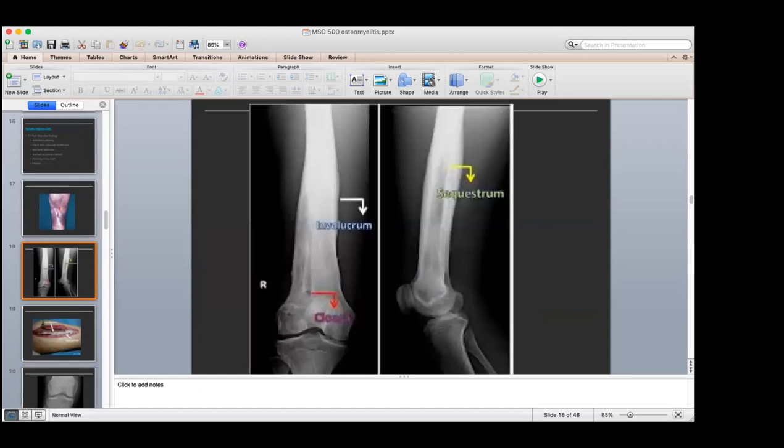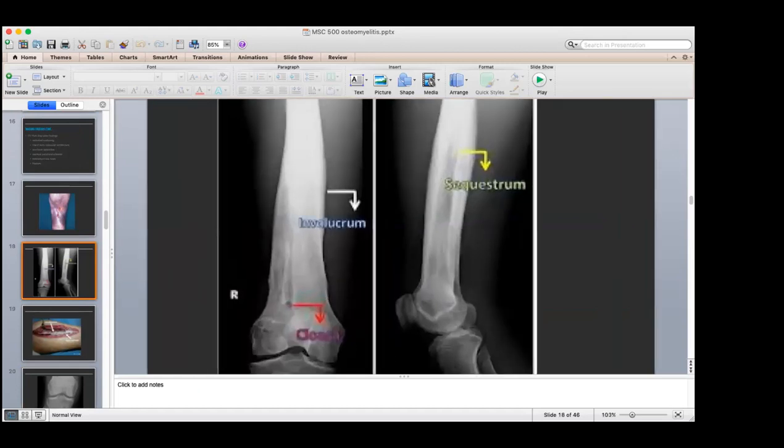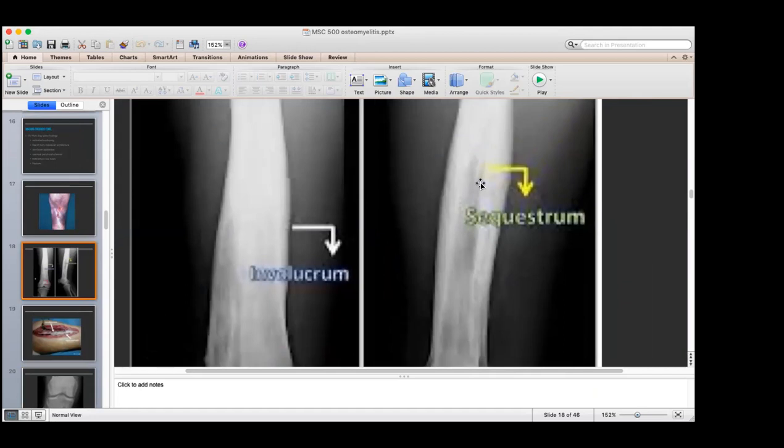Yeah, so let me just zoom in a little bit. Okay, we can see the white, like a line of bone in here. That is the dead bone. It's the white here. Okay. So that's the question.